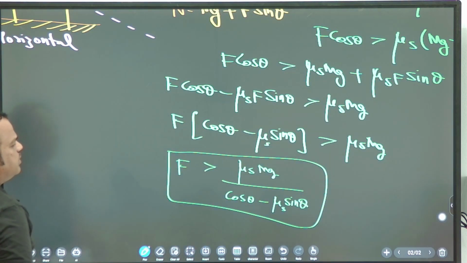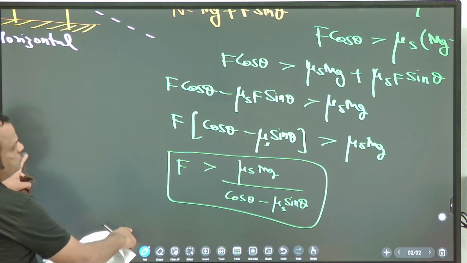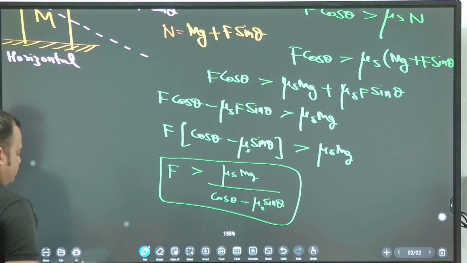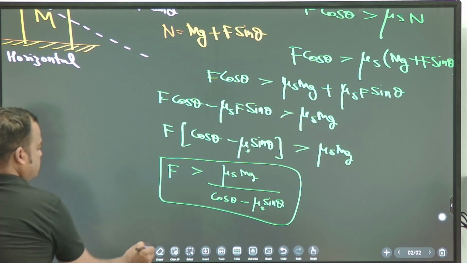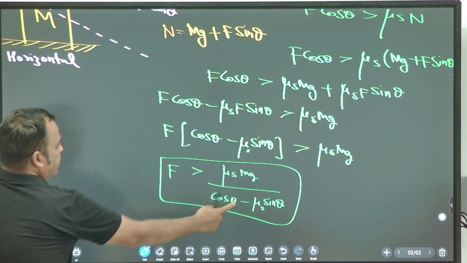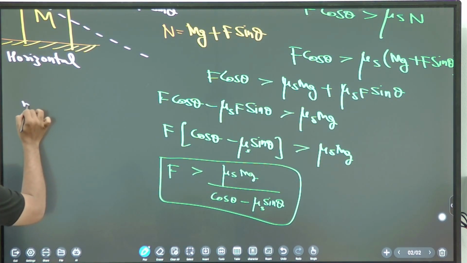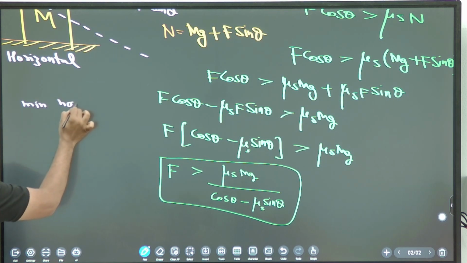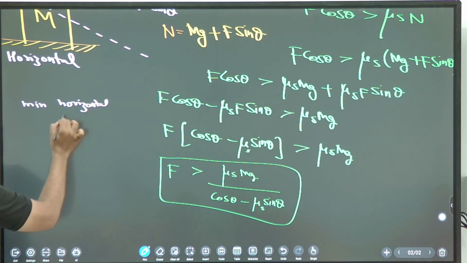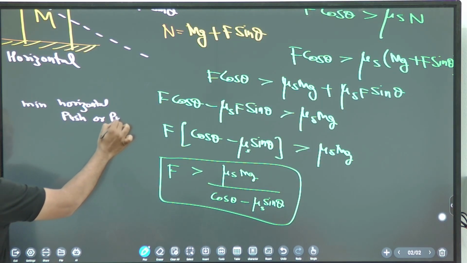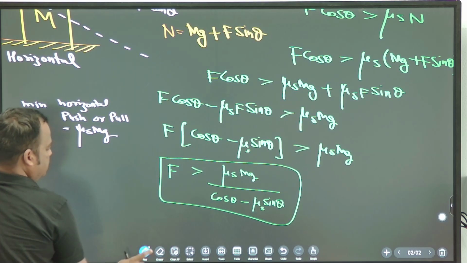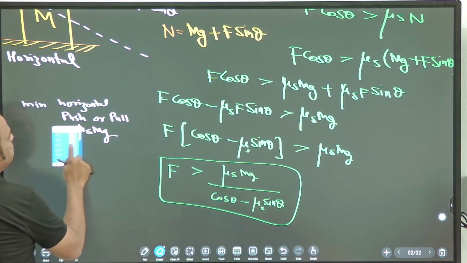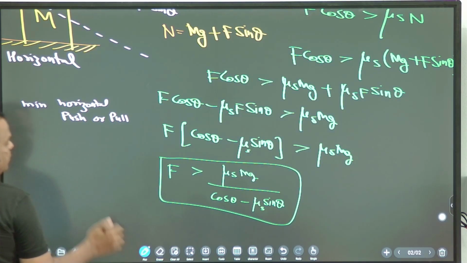So this is the formula. Okay, remember this. Minus sign is there. So the minimum horizontal push or pull is mu s mg.